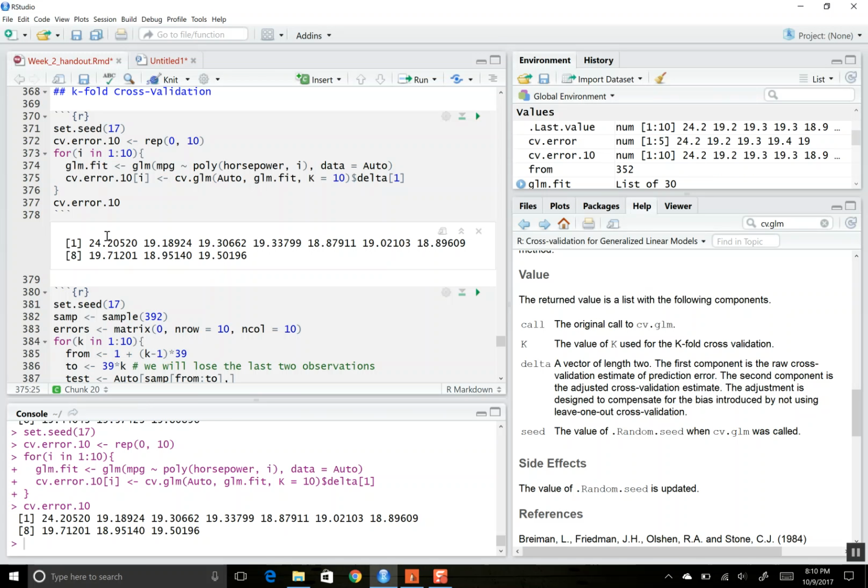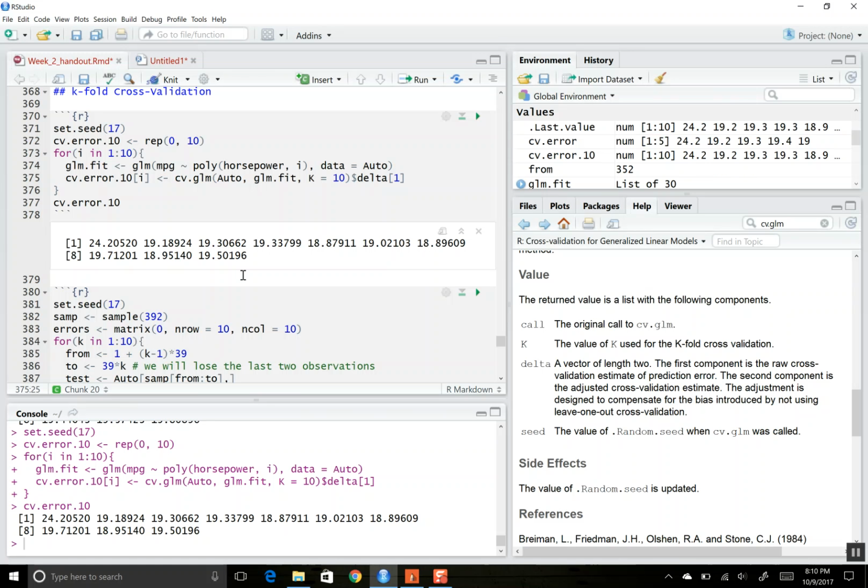And what we see in all of these cases is that there is a significant drop in the cross-validation error going from a linear to a quadratic fit, but then there's not much improvement after that. So we would probably say we should just go with the quadratic fit rather than making a model that's much more complicated.